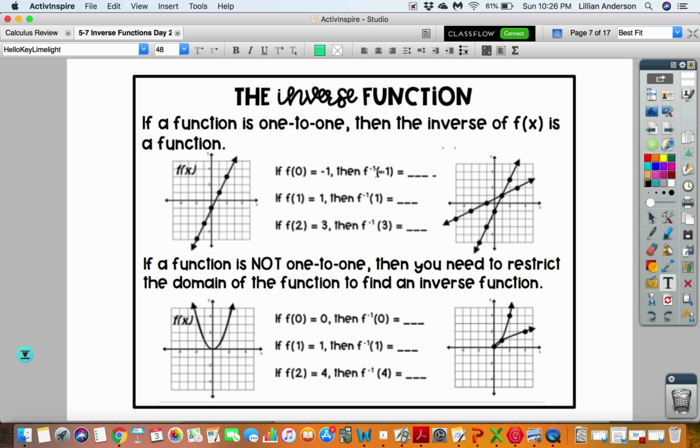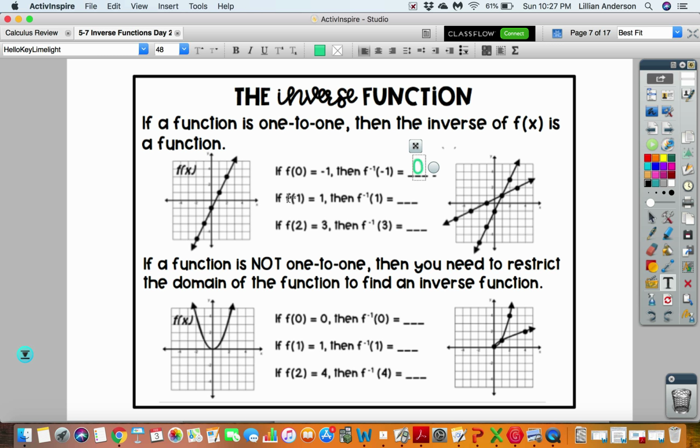So on the inverse, if the x is -1, then we know the y is 0, because literally all the points do is switch. So the x on the original is the y on the inverse, and the y on the inverse is the x on the original.